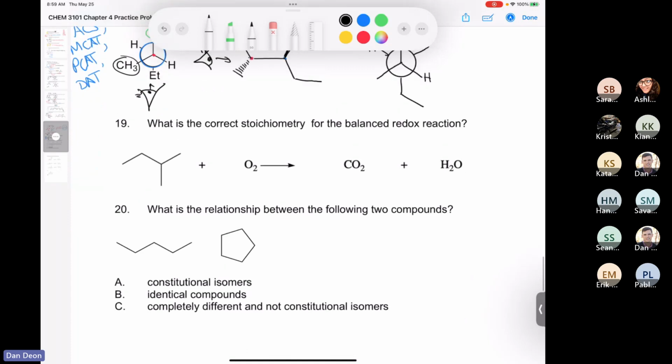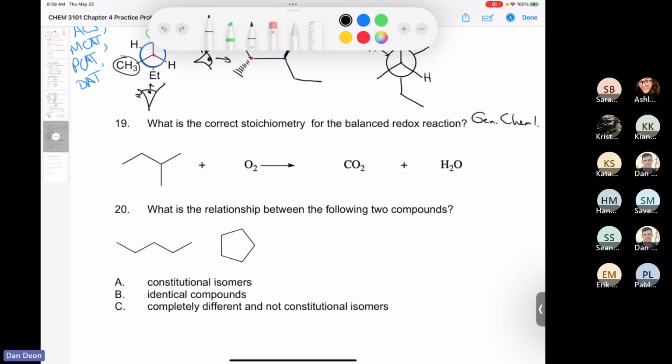What's the correct stoichiometry for the balanced redox reaction? Well, if there's one thing you got to do, it's be able to balance a combustion reaction. This is a Gen Chem 1 question. First, what you want to do here is determine the molecular formula of this compound.